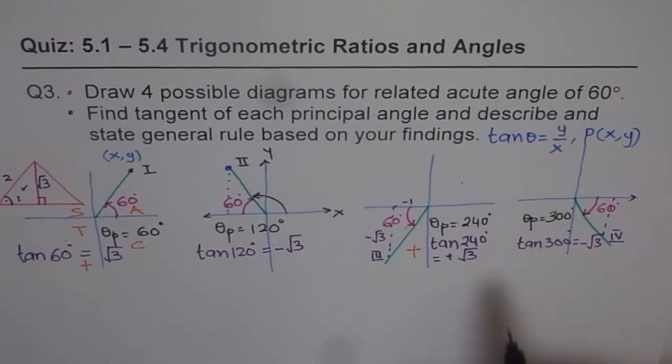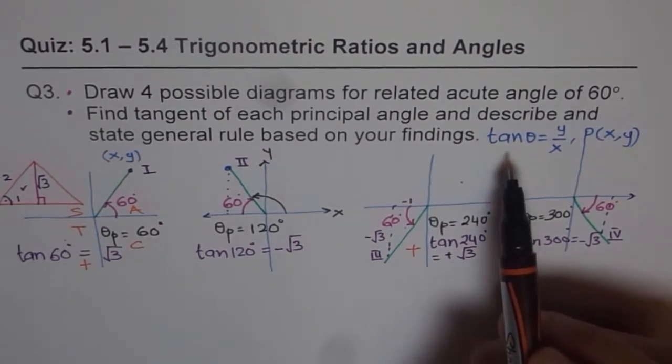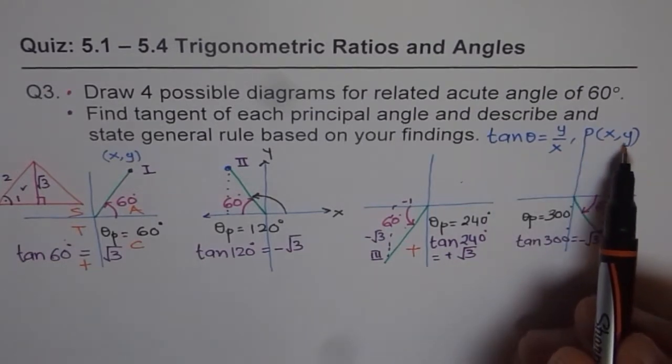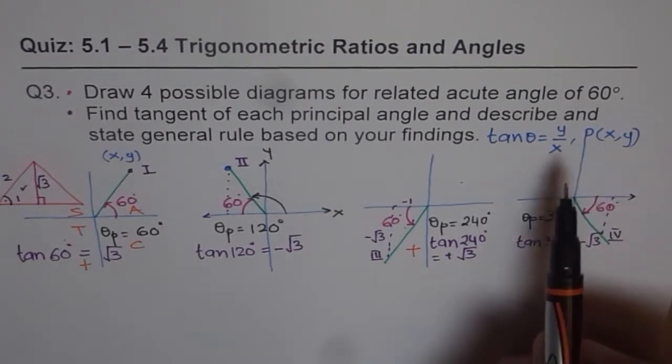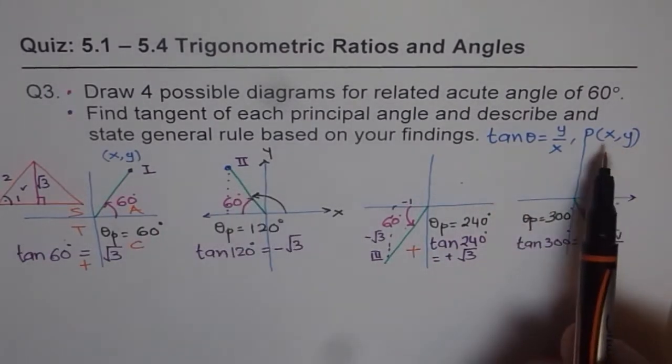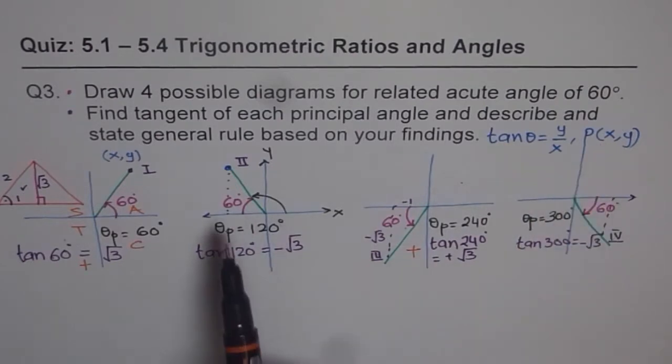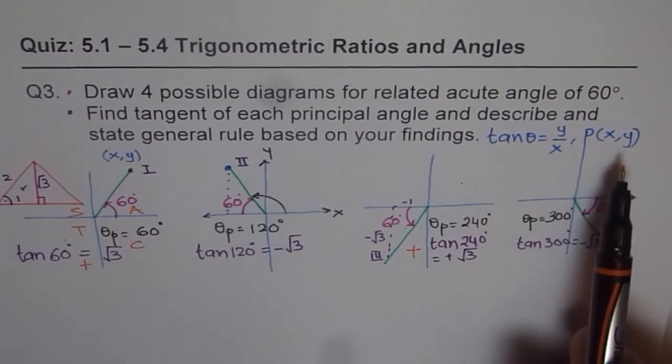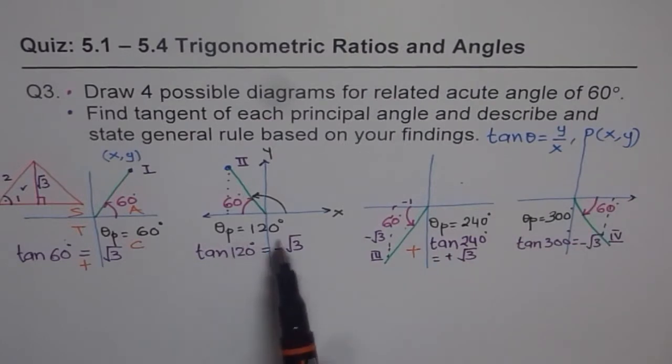So that is one way of saying it. Second, tan is the ratio of the y coordinate value over the x coordinate value. As we move from quadrant 1 to 2 to 3 to 4, the values of x and y change. X is negative in quadrants 2 and 3, and y is negative in quadrants 3 and 4.